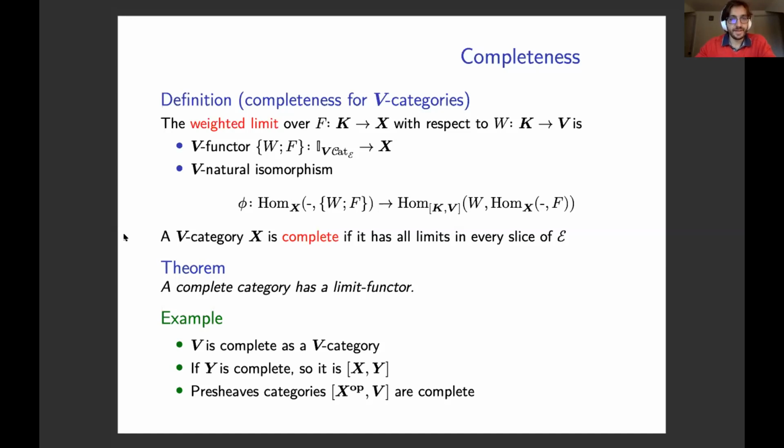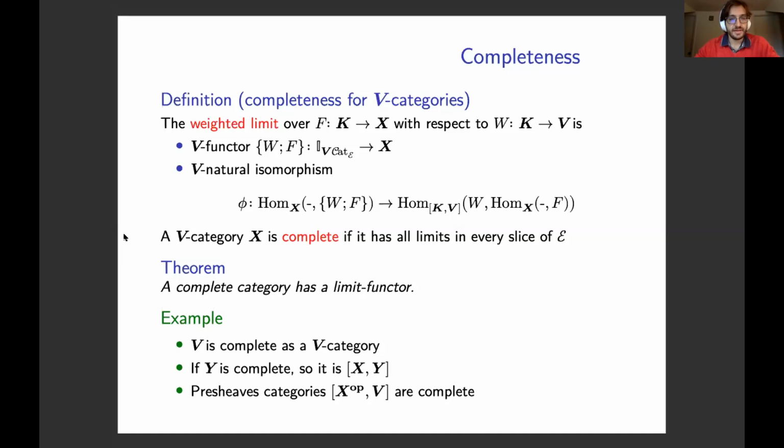And this formulation of weighted limit is the usual one from enriched category theory, and we have all the structure we need to express it now, because we have monoidal closedness, so we have the hom of an exponential category given by the category of functors from K to V. So everything is in place.